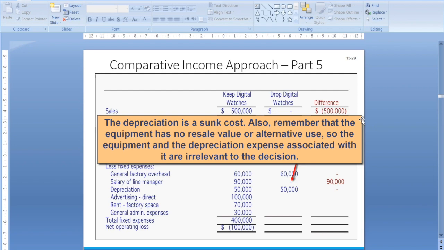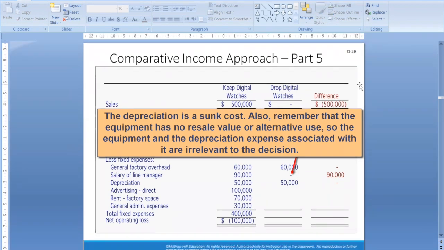Why? Because we don't have any resale value for the machine. By the way, suppose that we do have a resale value for the machine, so we would stop the depreciation for the second column, right? Okay.